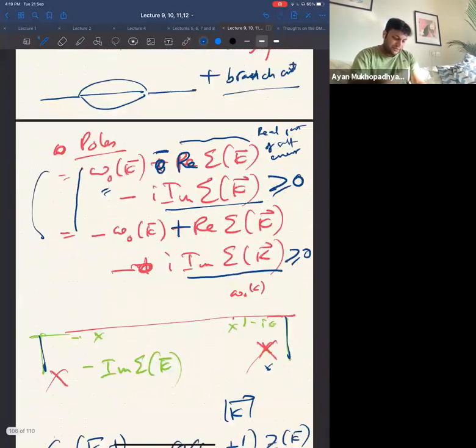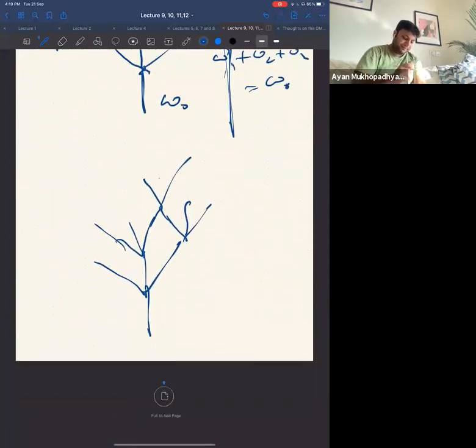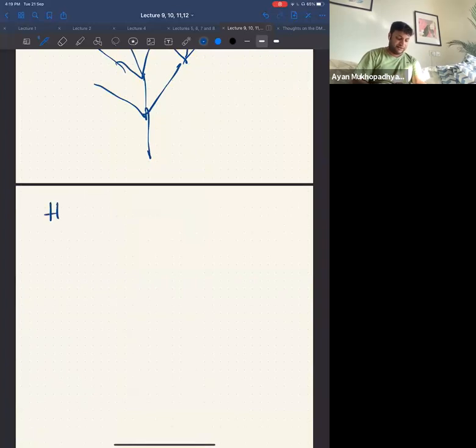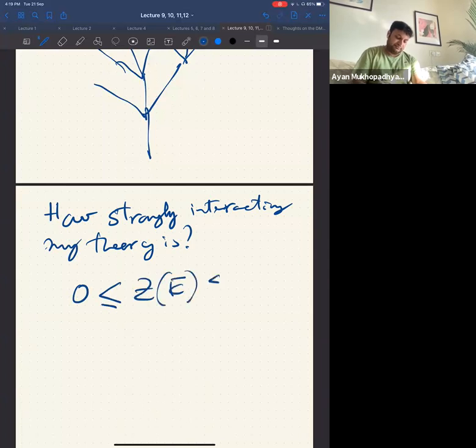Now, one of the measures to say how strongly coupled my theory is, or how strongly interacting my theory is. So intuitively, it is clear that this Z should lie between 0 and 1, right? Because 1 is the maximal possibility.